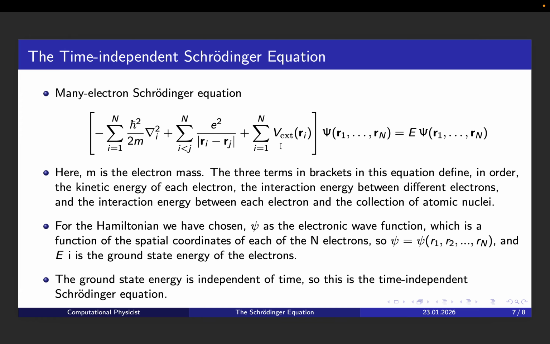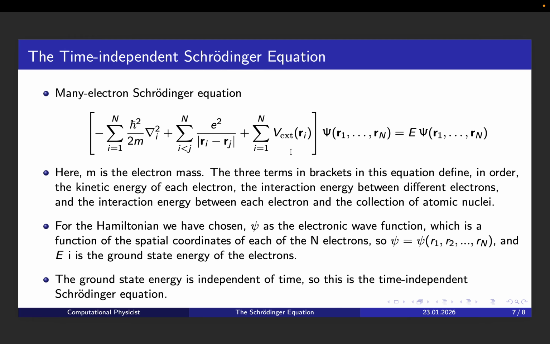Here m is the electron mass, and the three terms inside this bracket represent the kinetic energy of each electron, the interaction energy between different electrons, and the interaction energy between each electron and the collection of the atomic nuclei. Our main problem is to solve this one.